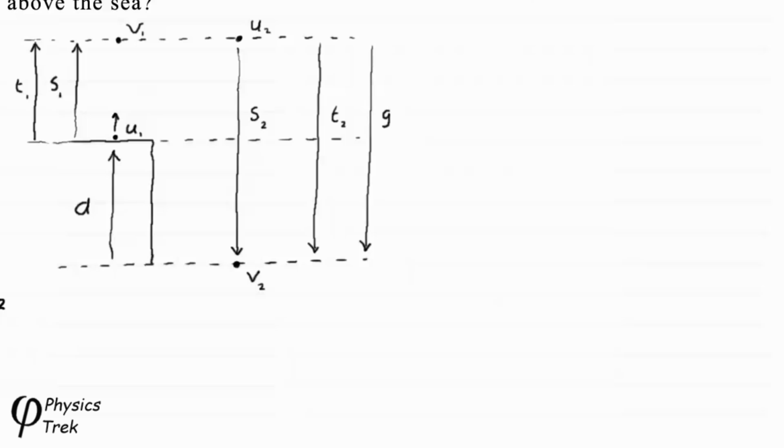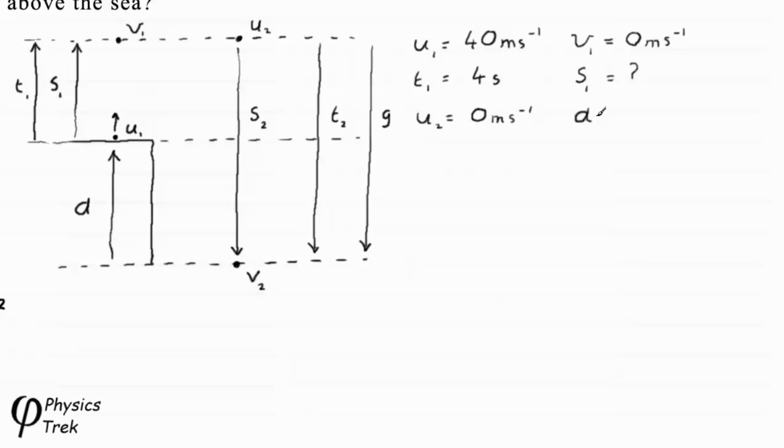Let's write all that out with some numbers in it to let it all sink in. U1 equals 40 meters per second, V1 equals 0 meters per second, T1 is 4 seconds, and we are asked to work out S1. U2, as we said before, is 0 meters per second. D, the height of the cliff, we need to find.